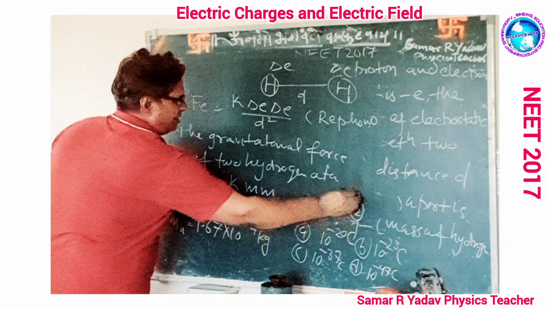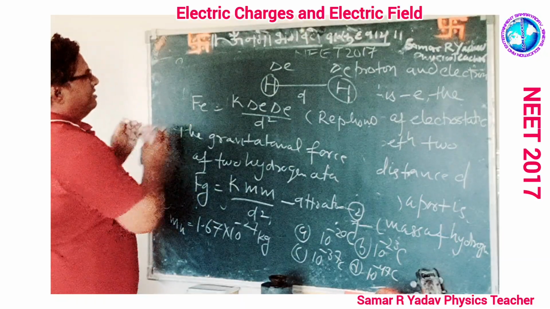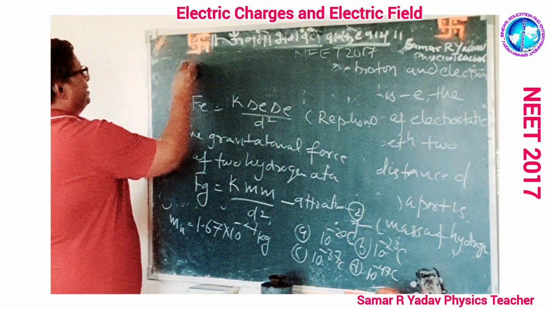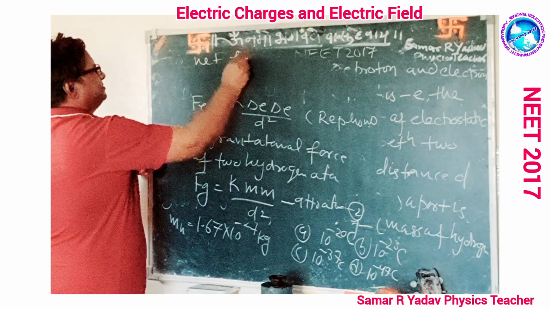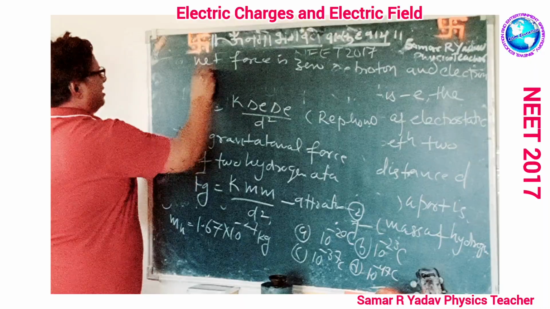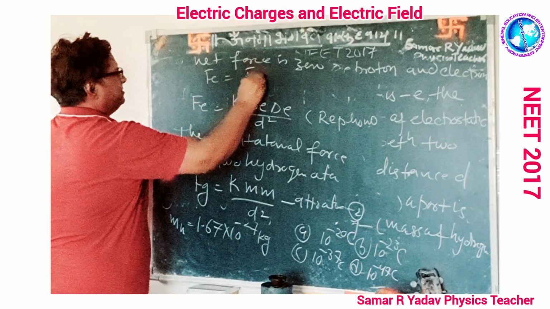Now the net force is 0, so we can write here net force is 0. Therefore, Fe is equal to Fg.